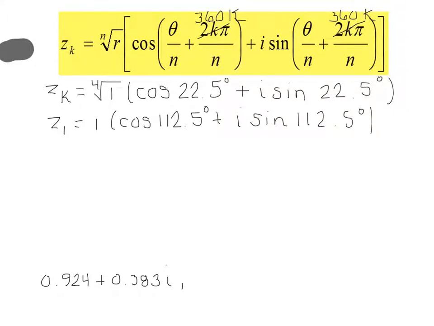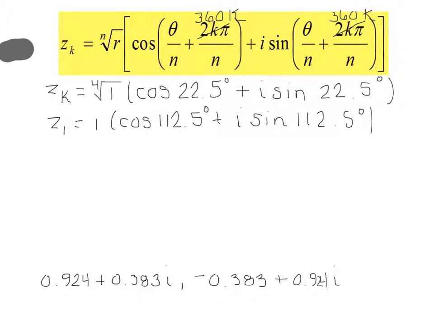So again, I recognize that 112.5 degrees is not one of my critical angles on the unit circle, so I use my calculator, and for my second fourth root of j, and I happen to use i here, i and j are interchangeable, I get the cosine of 112.5 degrees to be negative 0.383, and the sine of 112.5 degrees to be positive 0.924.